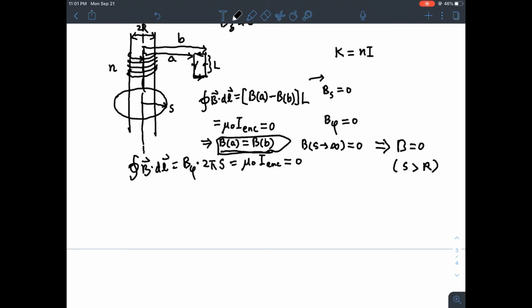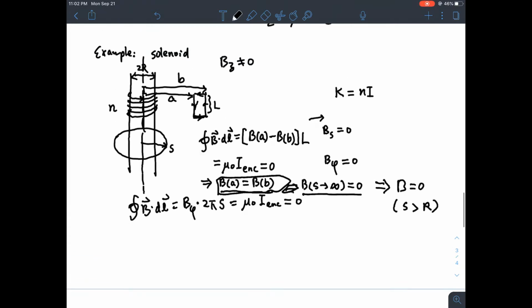From here we get that outside of this solenoid, the B field value shouldn't depend on the distance. And when the distance goes to infinity, it should be 0. Combining these two, the B field value should equal 0, just outside the solenoid.